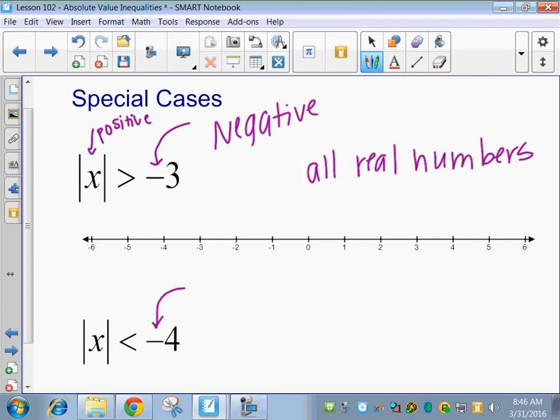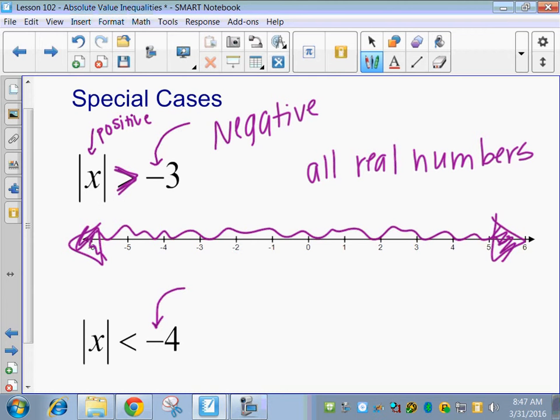If you plug in negative 1,000,000, because it says absolute value, that's going to change it to positive, and anything that's positive is bigger than a negative number, right? Because it says greater than negative 3, anything is going to turn out to be bigger. So when you guys shade, you shade your entire number line, and you put arrows, because it goes forever, okay?